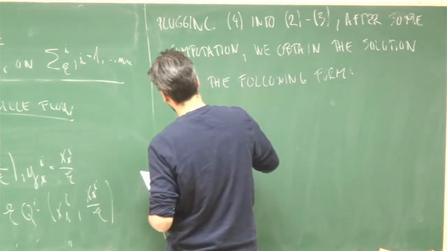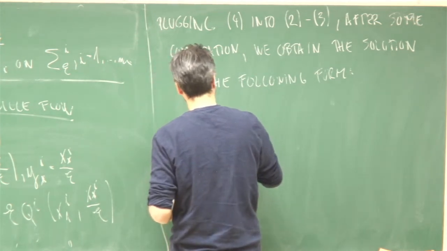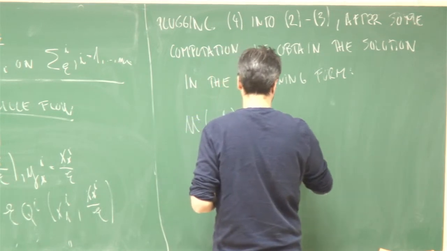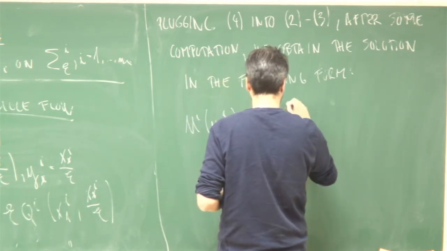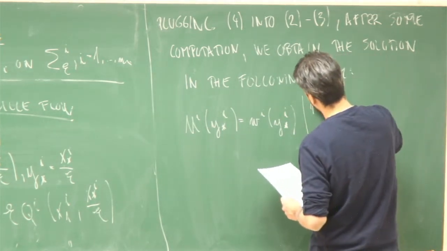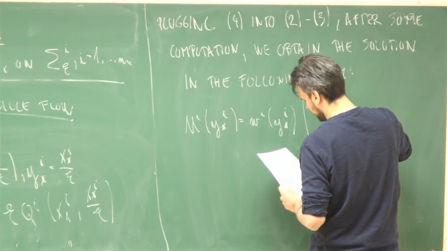So UI y star I is VI y star I. So these expressions are of course more complex than the classical Poiseuille.